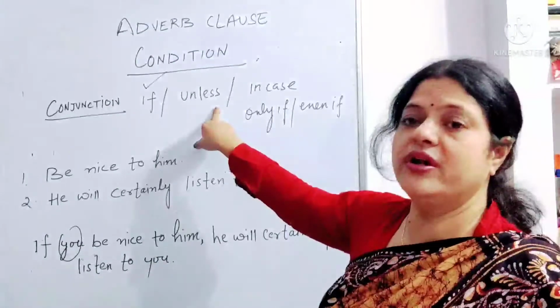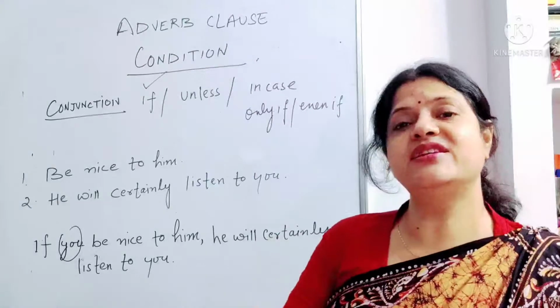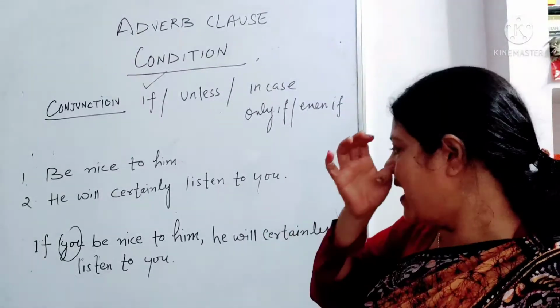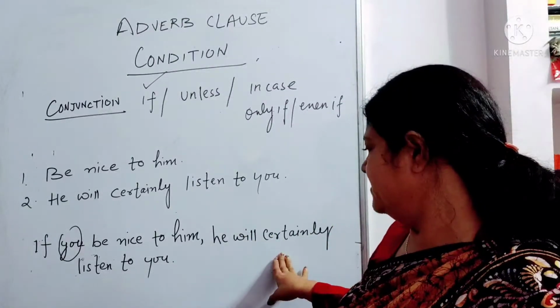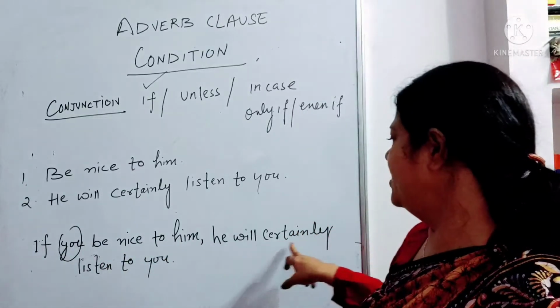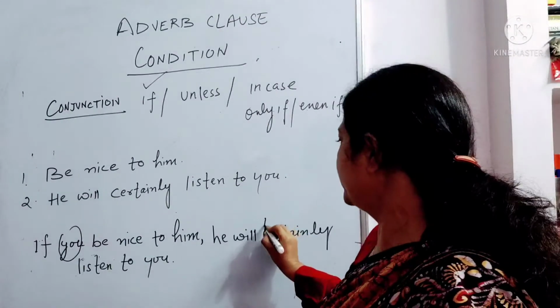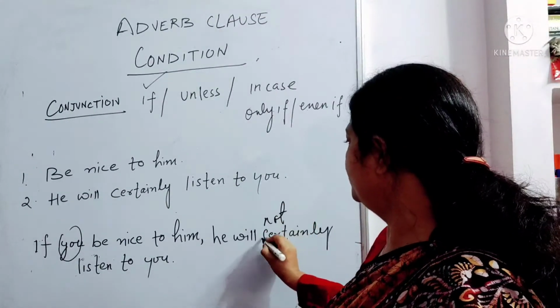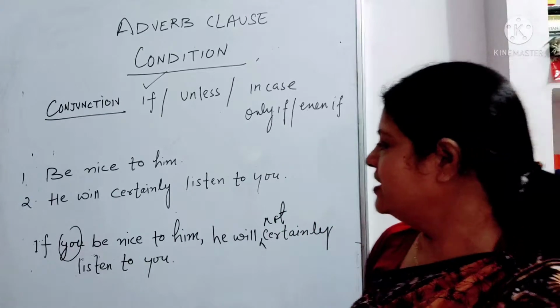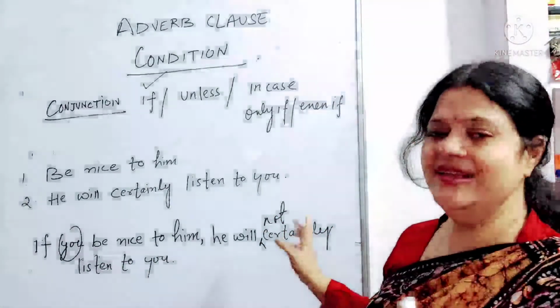But we cannot add unless, because unless itself has a negative meaning. If we add unless, it will become like this: unless you be nice to him, he will not certainly listen to you. So we need to add not here, then only we can add unless. So unless you be nice to him, he will not certainly listen to you.